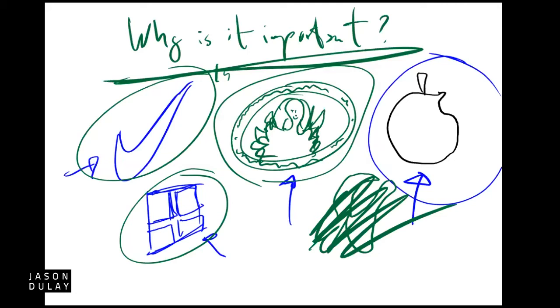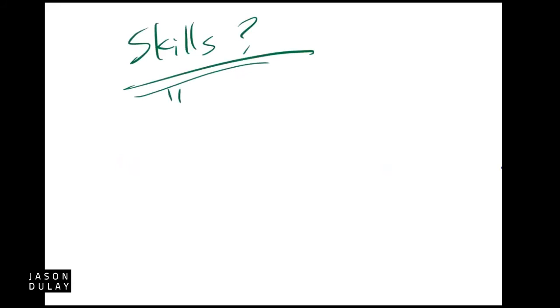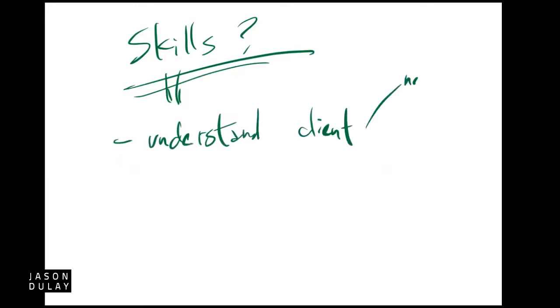So now let's take a look at what skills are required. If you want to become a graphic designer, what skills are required for graphic design? Okay, so you have to understand the client. You have to understand their needs. You have to understand their business.